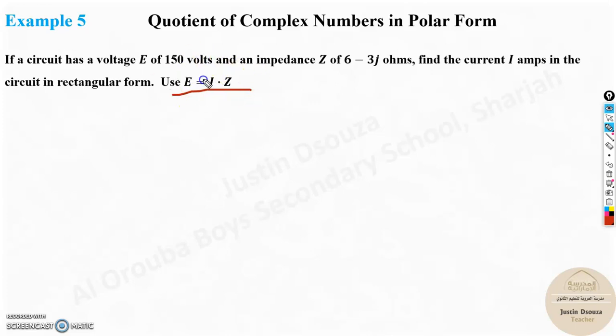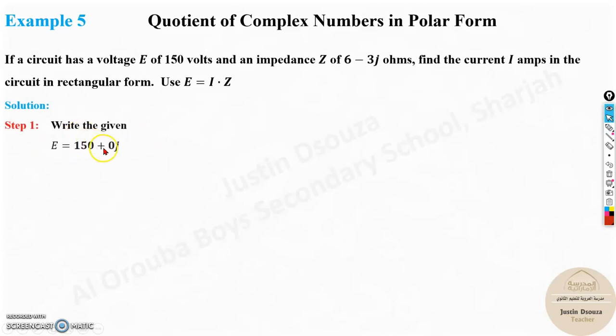Now, what is the current then? It is the voltage divided by resistance, E by R, or in this case E by Z. So this is equal to I. So basically what you have to do is find the division, the quotient, of E and Z. That is what is required.